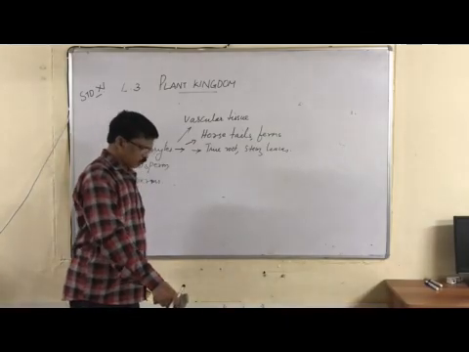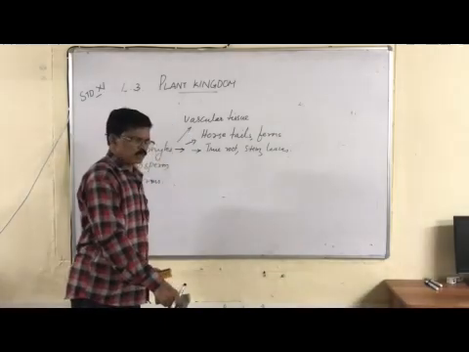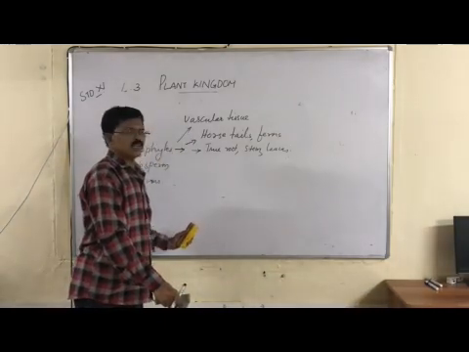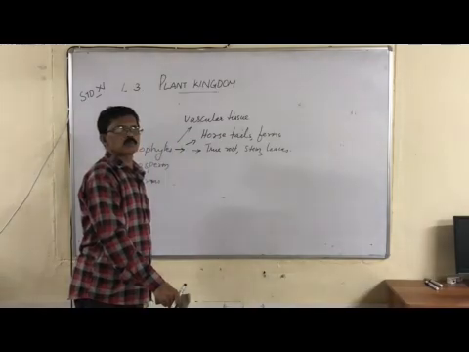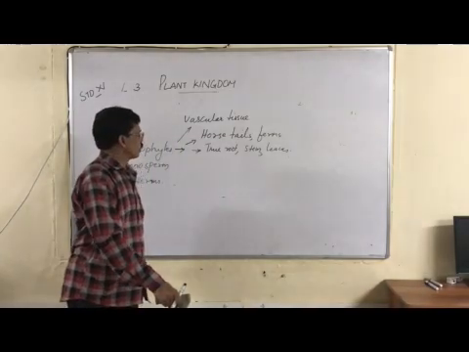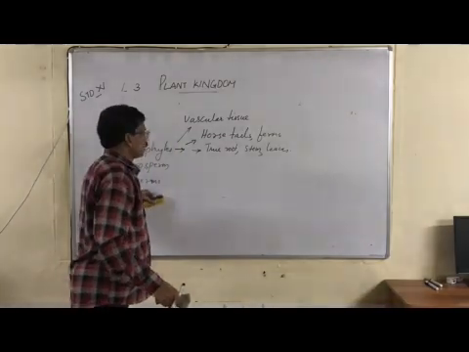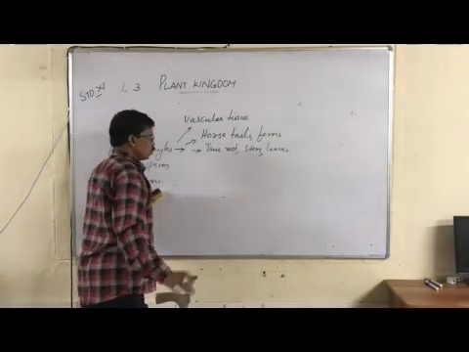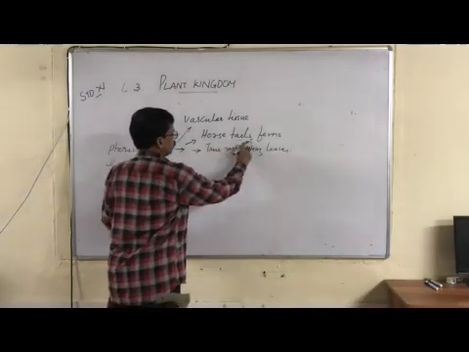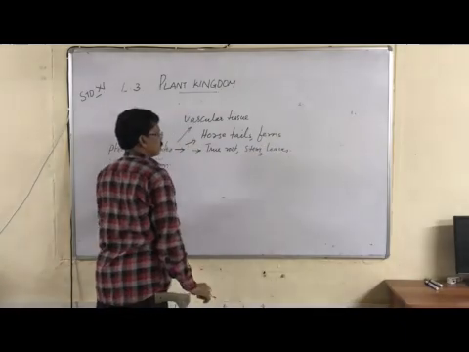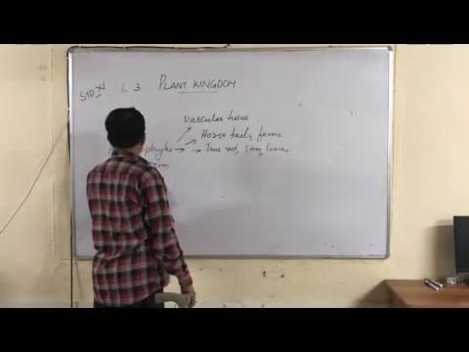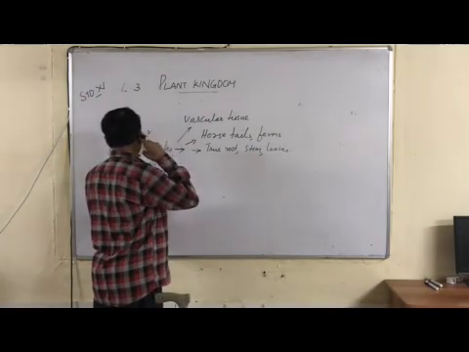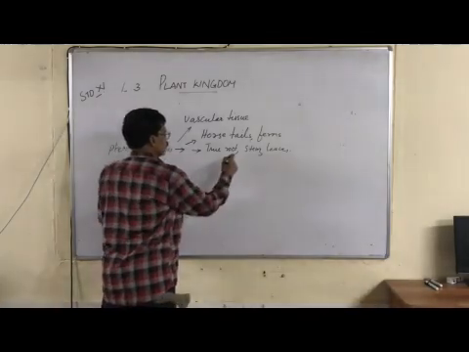Second, pteridophytes are the first plants with true root, stem and leaves. Because of these two reasons, they are called advanced land plants. There are two forms of pteridophytes, horsetails and ferns.